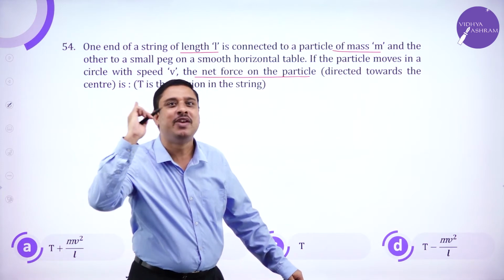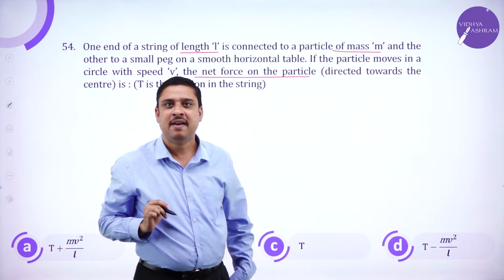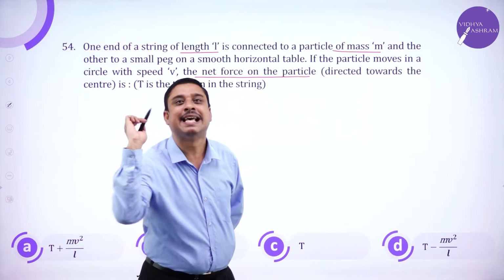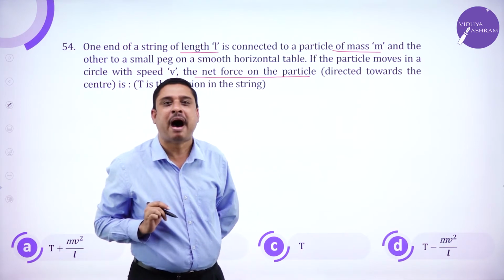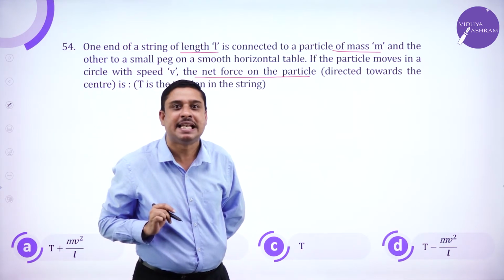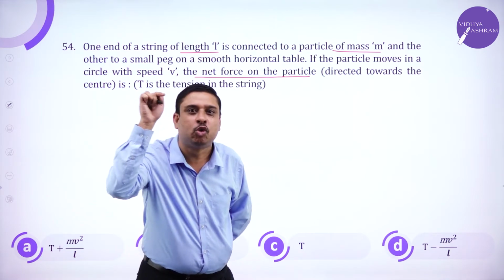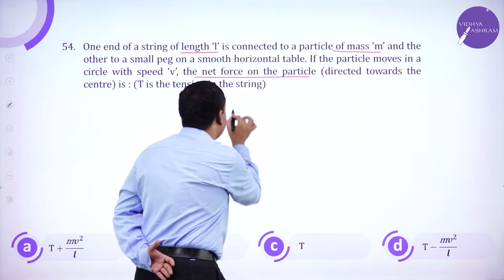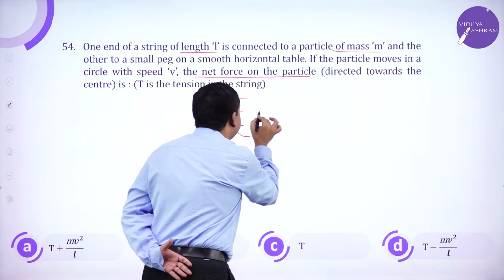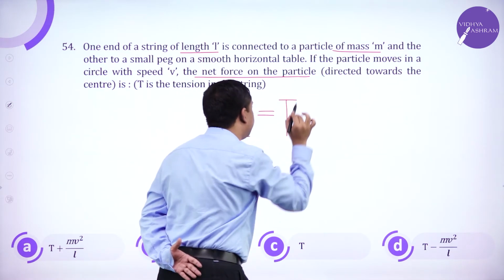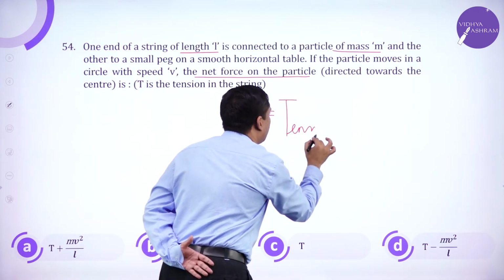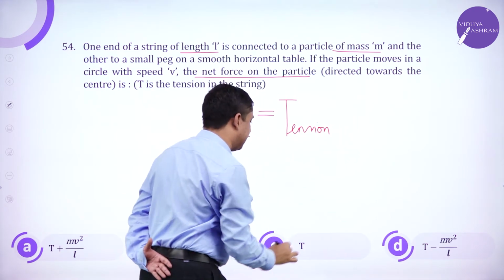Particle is moving in a circle. Very clearly it says circular motion. Particle moves in a circle, so there is a force acting towards the center. That force is called centripetal force, and it is always equal to the tension in the string.